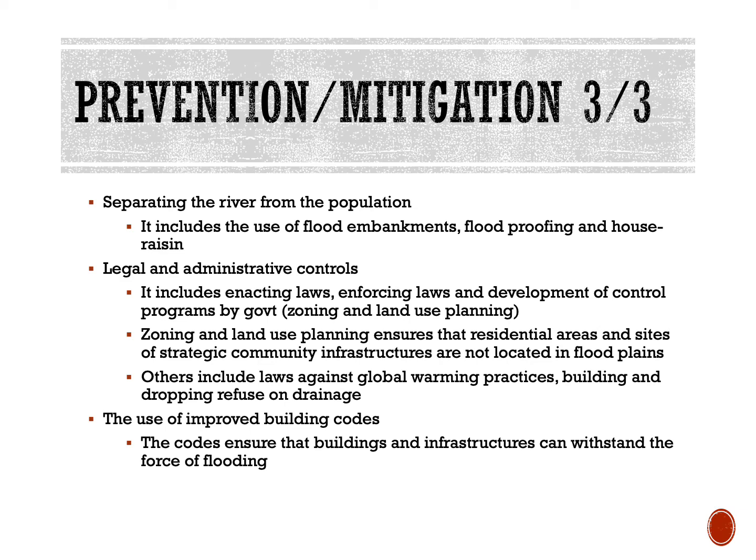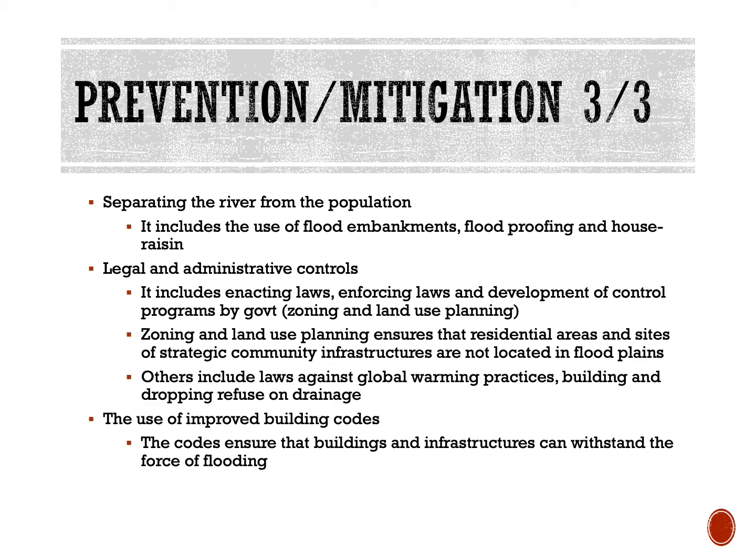There are so many laws, right? Practices like illegal dropping of refuse can block those water pathways, and you also need to make sure building control is being followed. So you can use legislation, laws and regulations to prevent flooding.